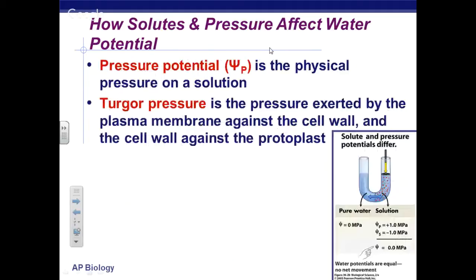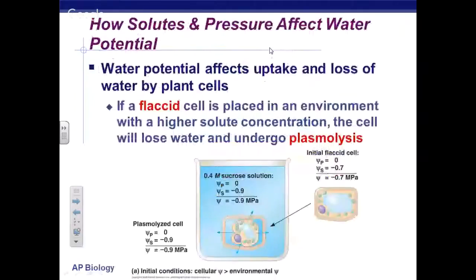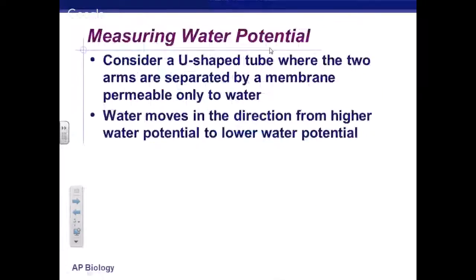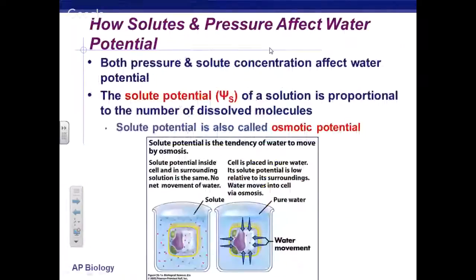So there are 2 components to water potential. The first one is something called solute potential. So the solute potential is basically proportional to the amount of dissolved solute.